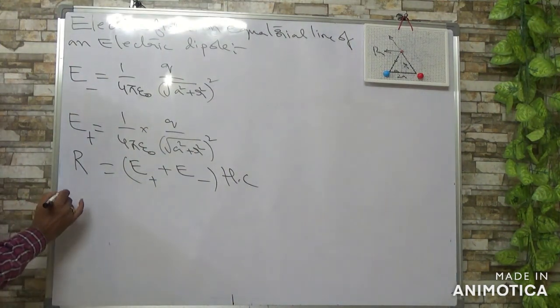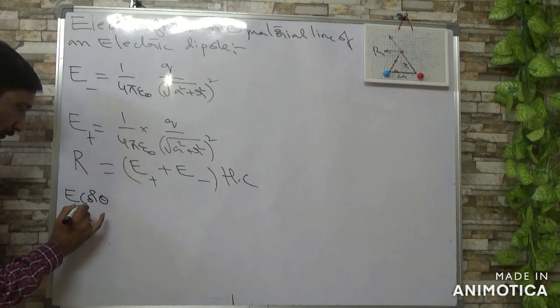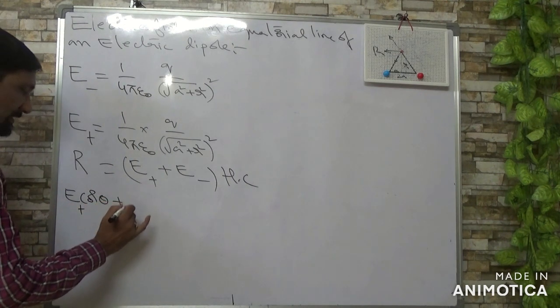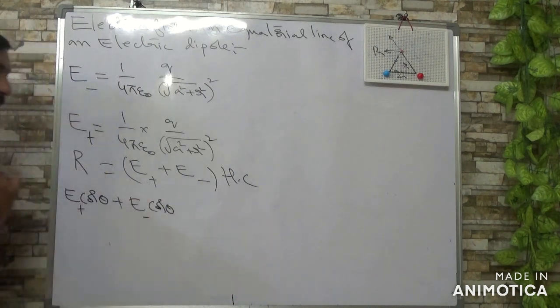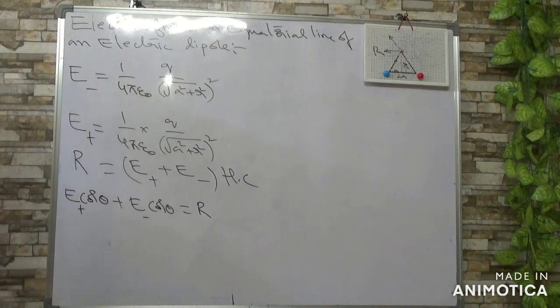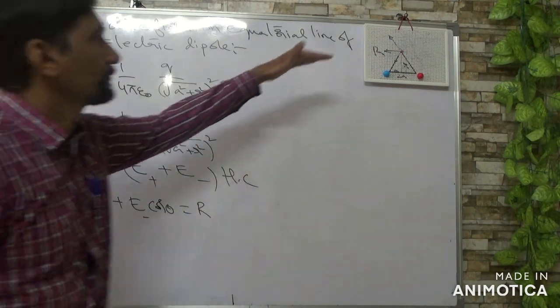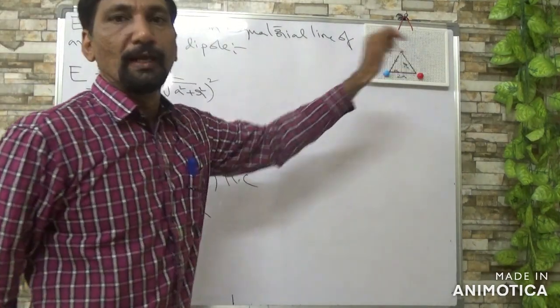That means E cos theta due to positive plus E cos theta due to negative gives the resultant strength of the electric field on the equatorial line.